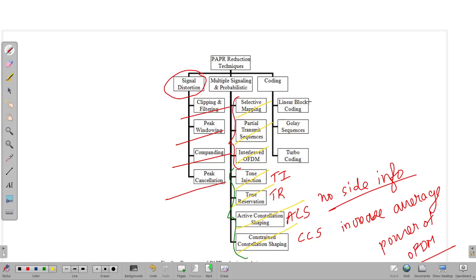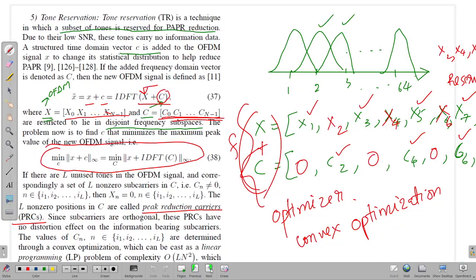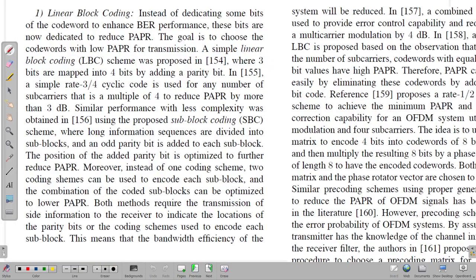And we are moving on to the last category, which is called coding, similar to the coding techniques you are learning, maybe right now in that subject. Under coding techniques, there are linear block coding, Golay sequences, and turbo coding. So we'll study linear block coding.